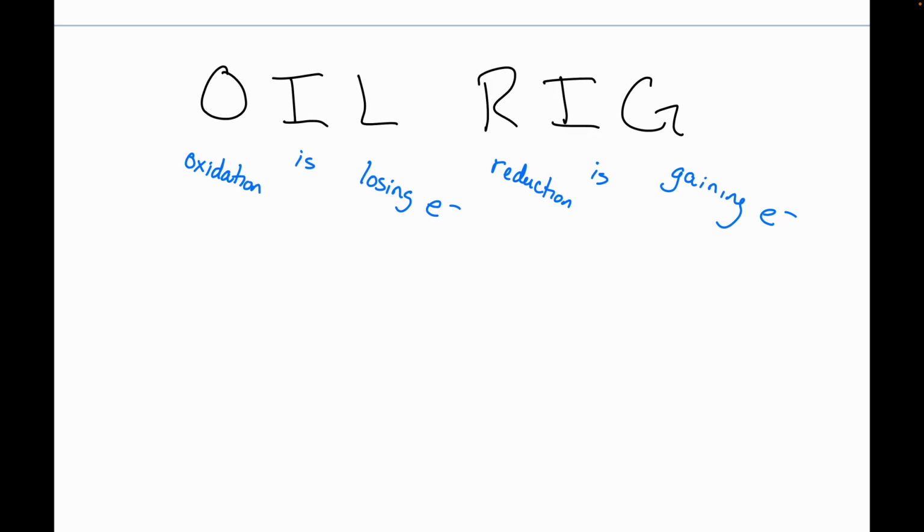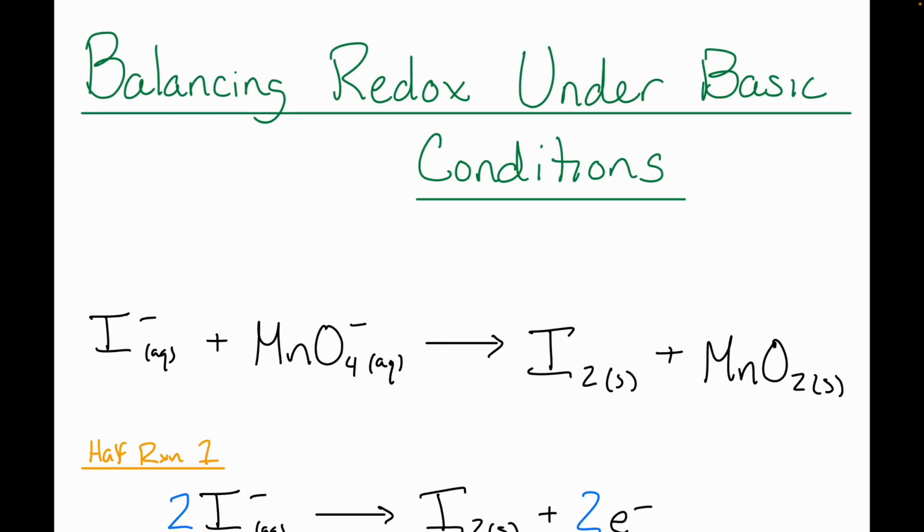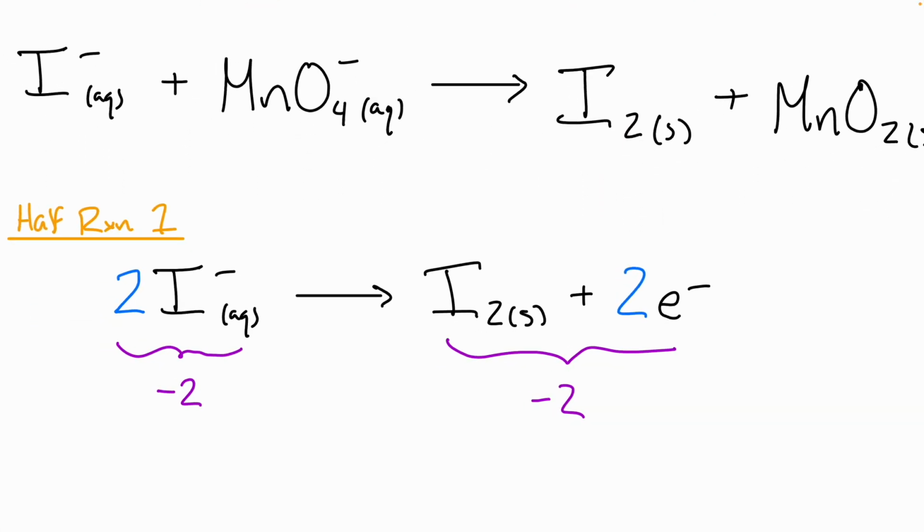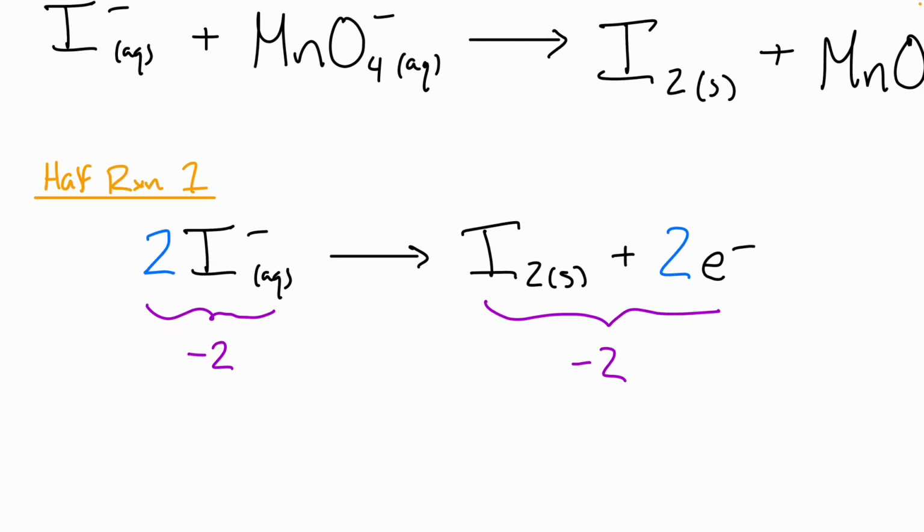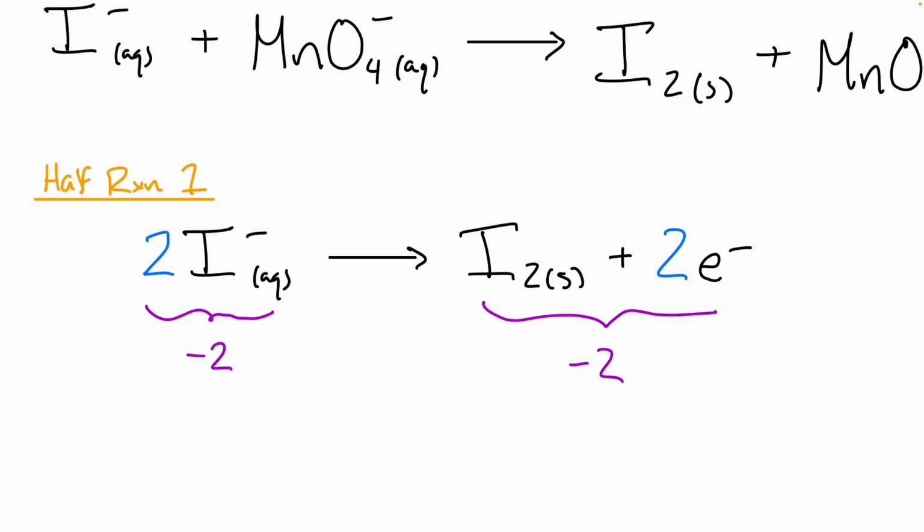Okay, so we split up these 2 half reactions, but we haven't assigned them yet. Let's take a look back at our mass balanced, charge balanced half reaction here. Is this half reaction a reaction where the element is losing electrons or gaining electrons? My electrons are over here on the product side.